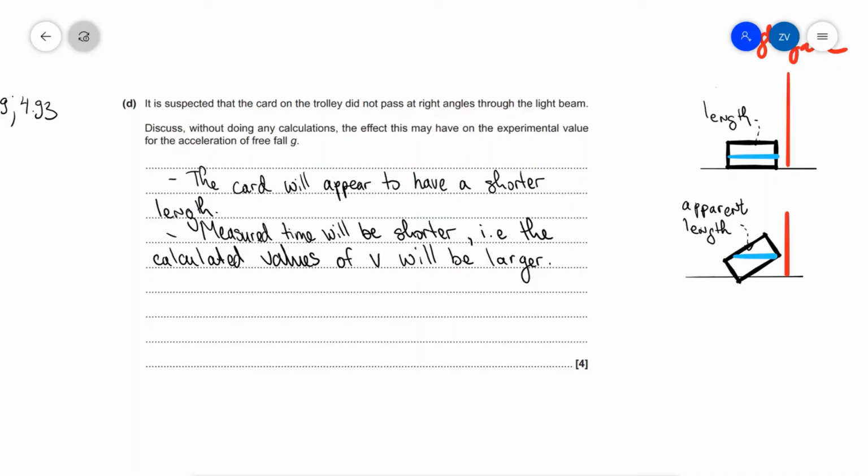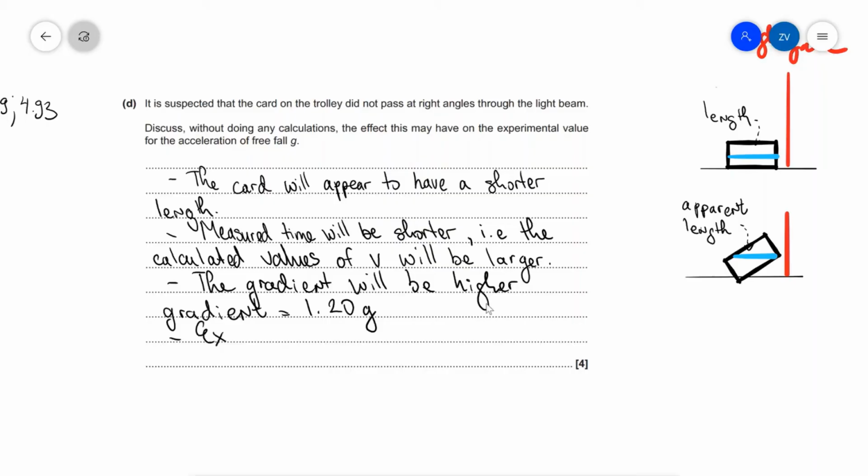Now, if one of those values gets shifted upwards, that means that the gradient is going to be higher. So we can write this in: the gradient will be higher, and because our gradient, as we found in the previous question, is equal to 1.20 times g, if our gradient increases, then our experimental value for g will also increase.